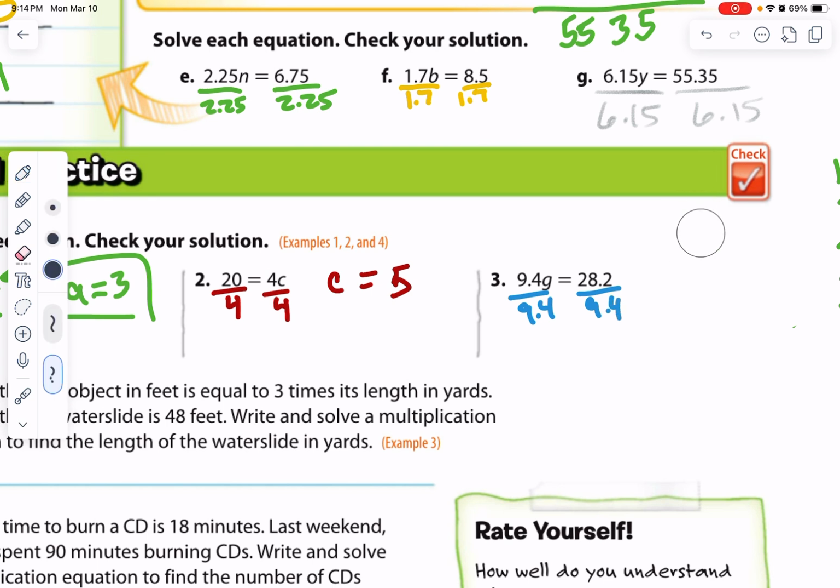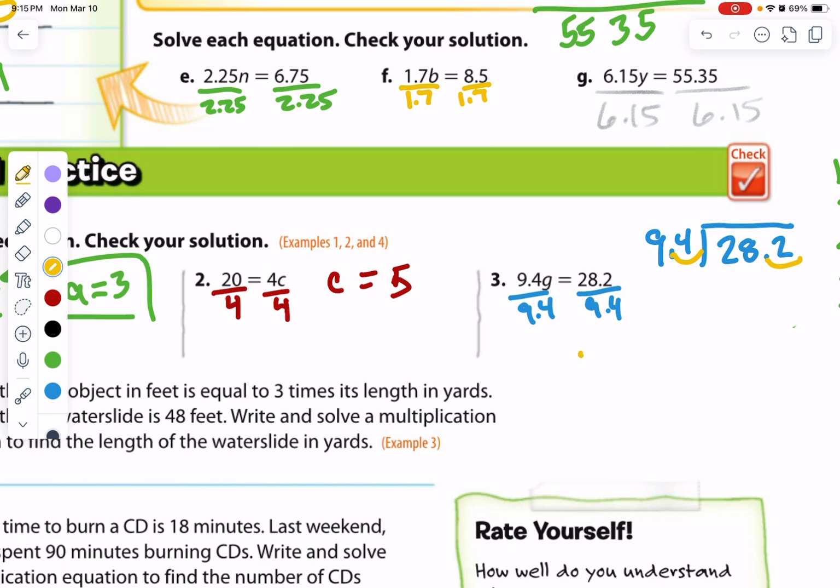Let me get the 6 out of the way. All right, so we have 28 and 2/10 divided by 9 and 4/10. But we don't want a decimal in the divisor. So move it, move it. 94 and 282. They've been really nice to us to think this one goes in evenly too. How many times though?